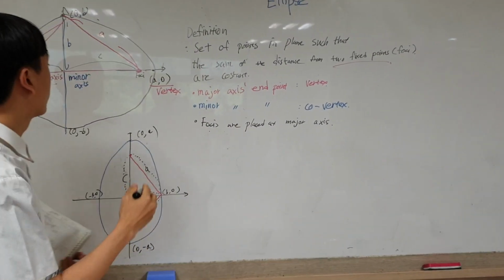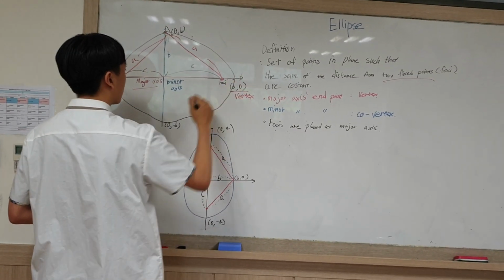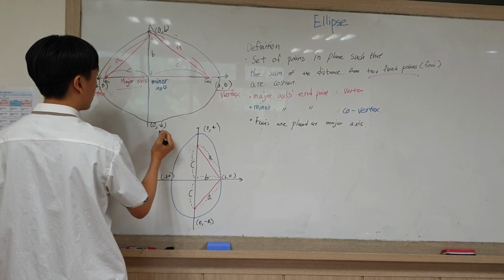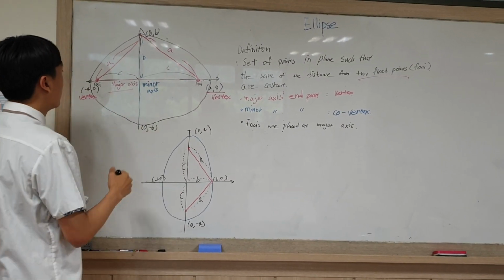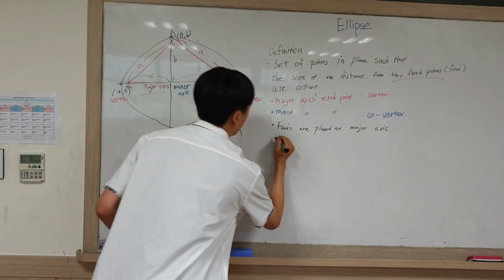And we can know that the vertex is the same as this length, and the co-vertex is the same length as here, b. And the foci has a length of c, and there's an equation.